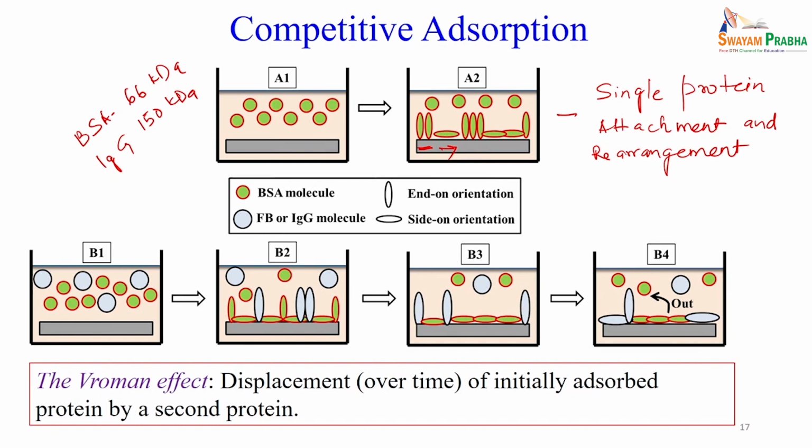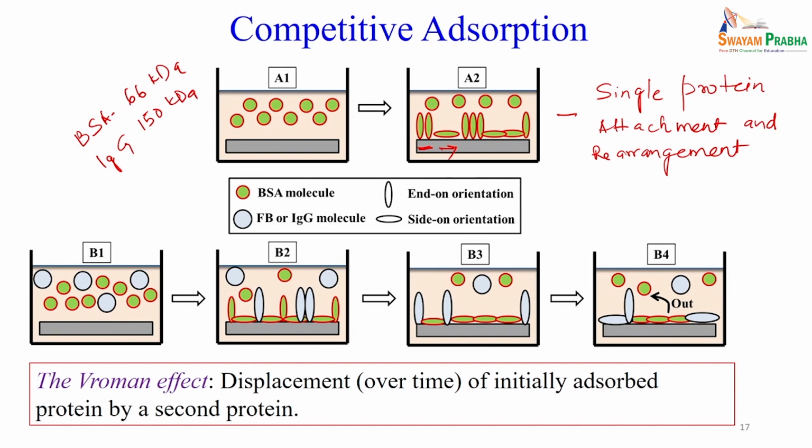So, first there is adsorption or attachment of a smaller protein, its rearrangement, then there is a replacement, or you can say the displacement of the smaller protein by the larger protein. Again the larger protein will go for its rearrangement or conformational adaptation.